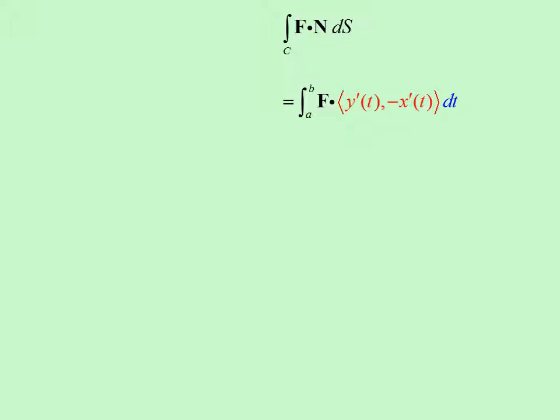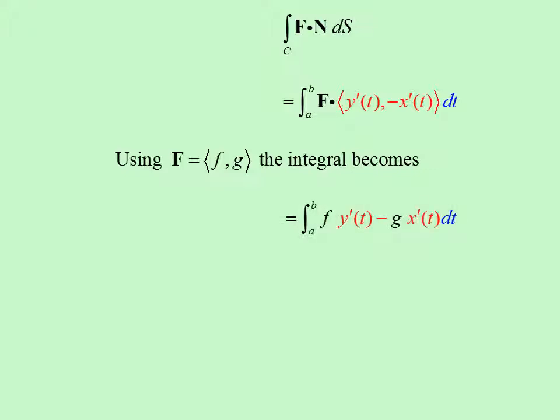Now we can tweak the formula just a little bit by using the symbolism for the vector field F comma G and doing the actual dot product and replacing x prime dt with dx. We get this. Now notice the similarity between this and the previous one, and also the differences.